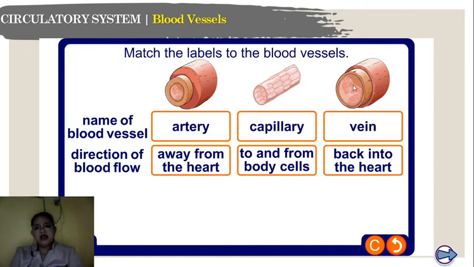Okay, unlike this one, si vein, dahil medyo malaki ang circumference niya, hindi niya kailangan ng mataas na pressure or mabilis na pagdaloy ng dugo. Bakit? Kasi iisa lang naman yung pupuntahan niya, which is your heart. Dahil vein ito, the movement of the blood would be going back to your heart. And since this one, hindi napapalibutan ng iba't ibang muscle and it should be designed this way para mabilis yung exchange ng materials, this one is what we call capillary. Okay, so the direction will be to and fro kasi exchanging of materials tayo dito.